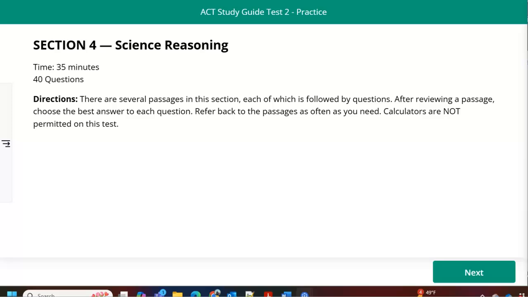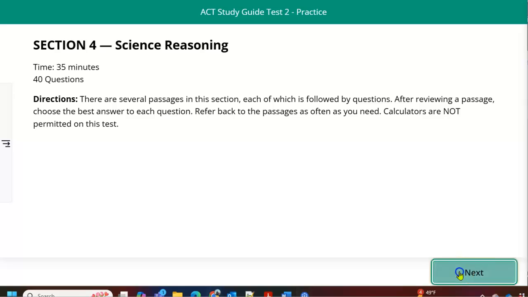If you're going to skip one, conflicting viewpoints is a good one to skip. And you're not going to have time to double check answers. So let things go, keep moving.